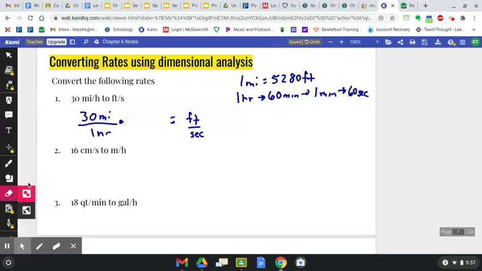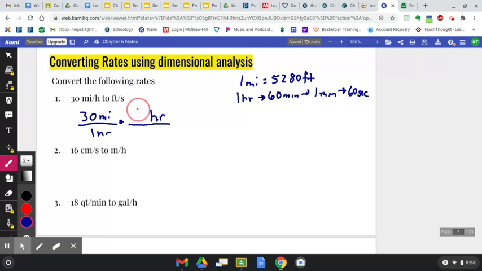So let me create some space here. When we use dimensional analysis and we convert, we want to get rid of units, right? And to do that, one has to be on top, one has to be on bottom. So I know that my conversion would be 1 hour, and there's 60 minutes in an hour.